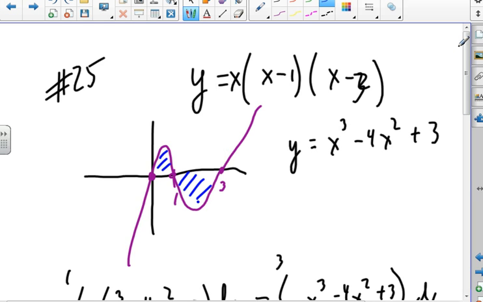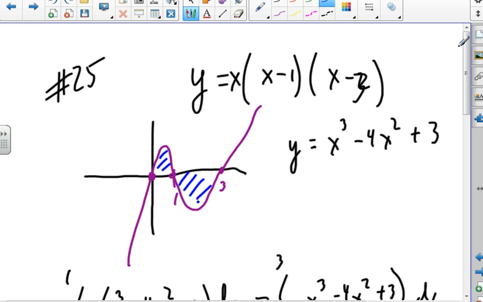We're going to go integral from 0 to 3 of x cubed minus 4 times x squared plus 3. Oh, stupid me. That's wrong.